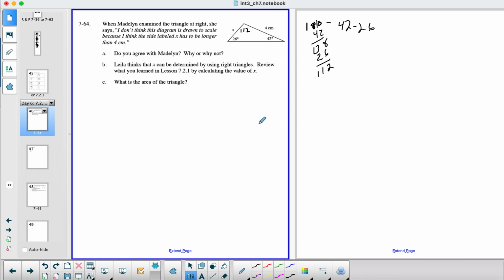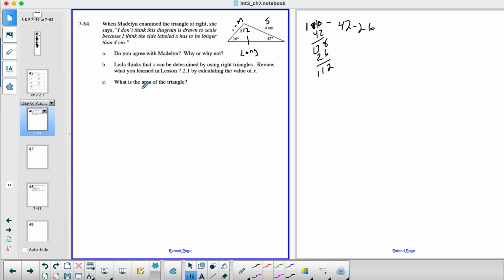So if we're going by that theory, our angle of 112 should be opposite the longest side. Our X should be the middle, and our 26 should be the shortest. Madeline thinks that the side, the 4 centimeters, should be the shortest. So that thing doesn't look to scale, does it? The X side should be longer.